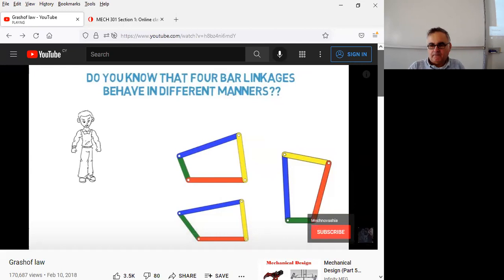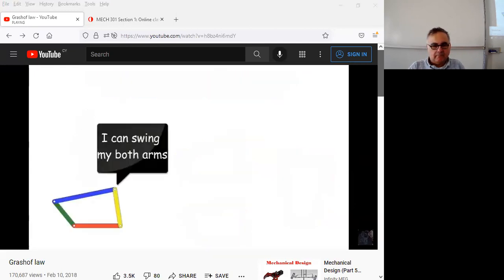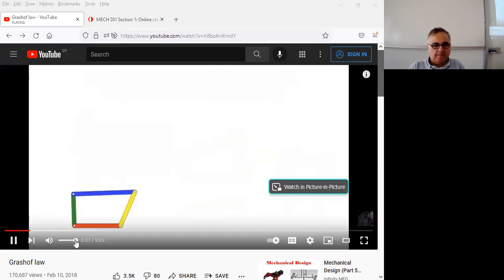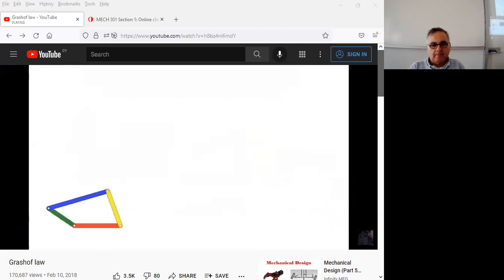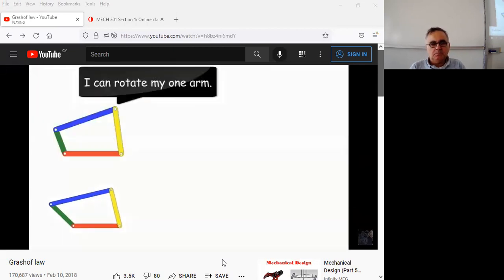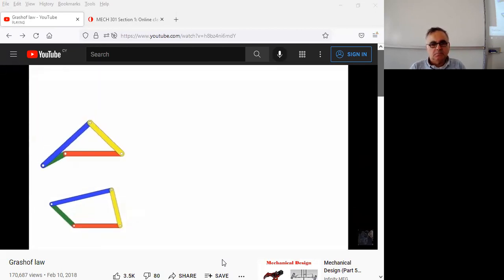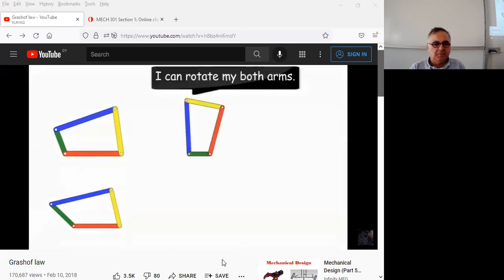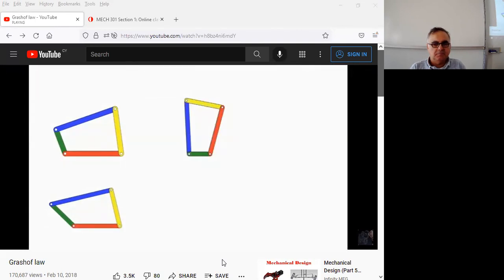I can swing both my arms. I can rotate one arm. You see, this is a crank rocker, for example. The other one was a double rocker. I can rotate both my arms. This is a double crank.